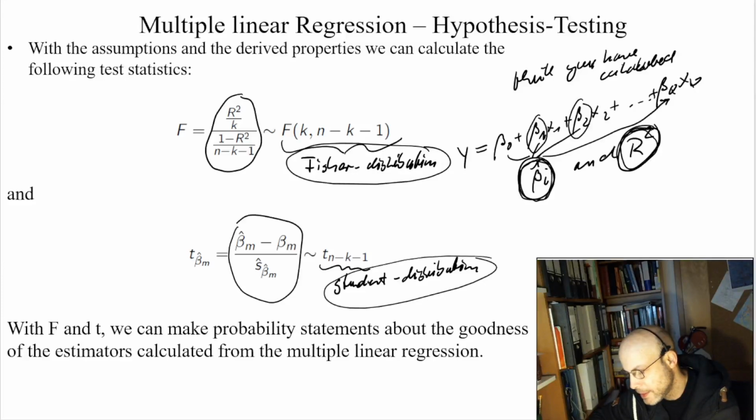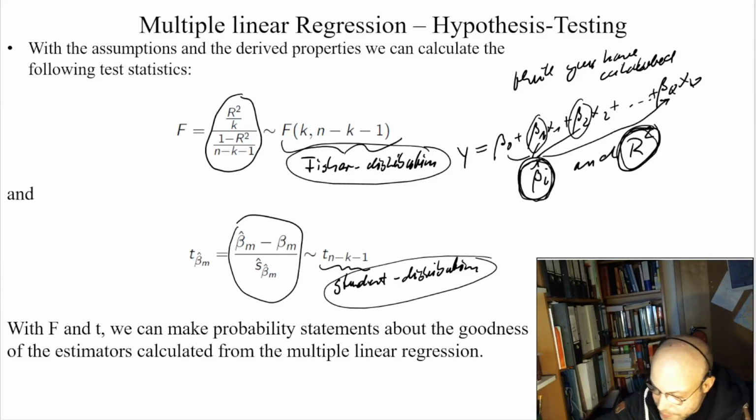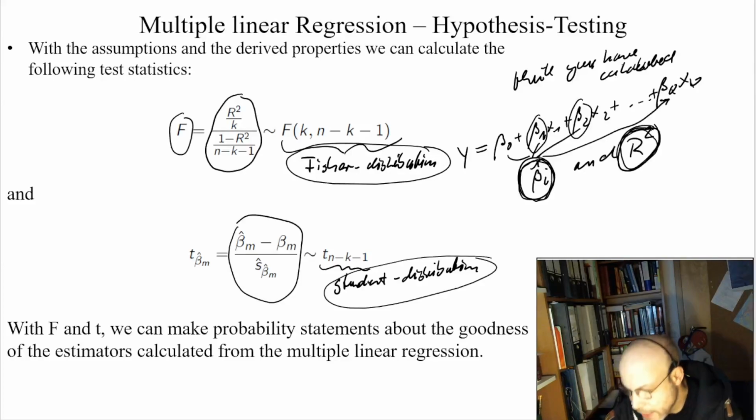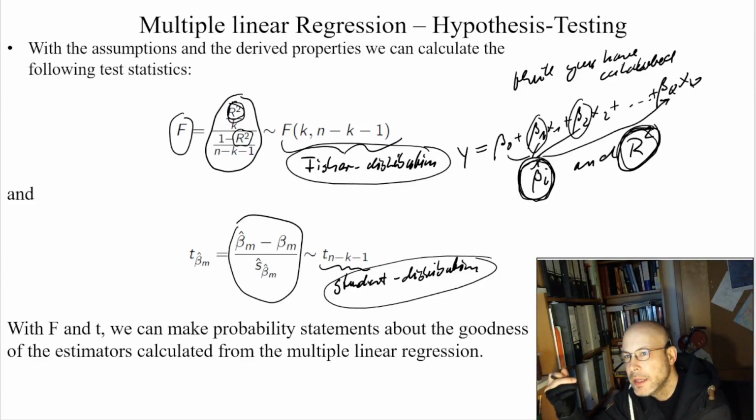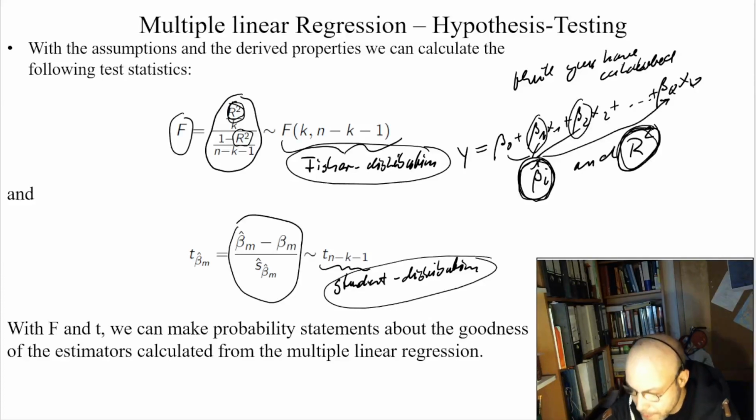In the beginning of the 20th century it was shown that we have a variable F, calculated from the coefficient of determination like this: R squared, how much our linear model explains the dependent variable y, normalized by the number of our parameters, divided by 1 minus R squared.